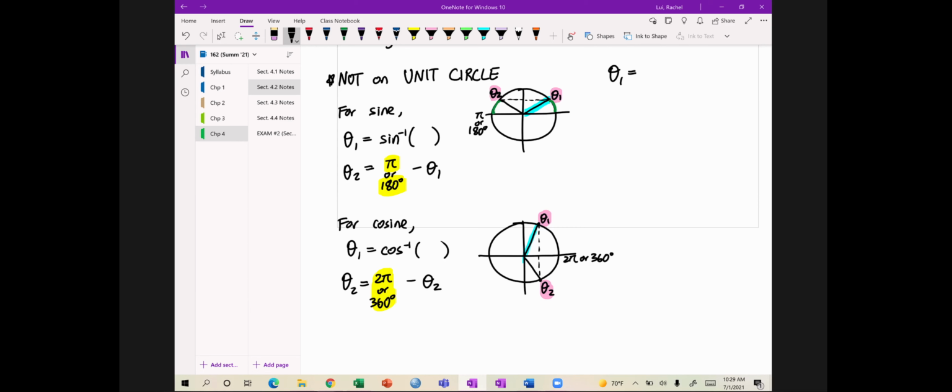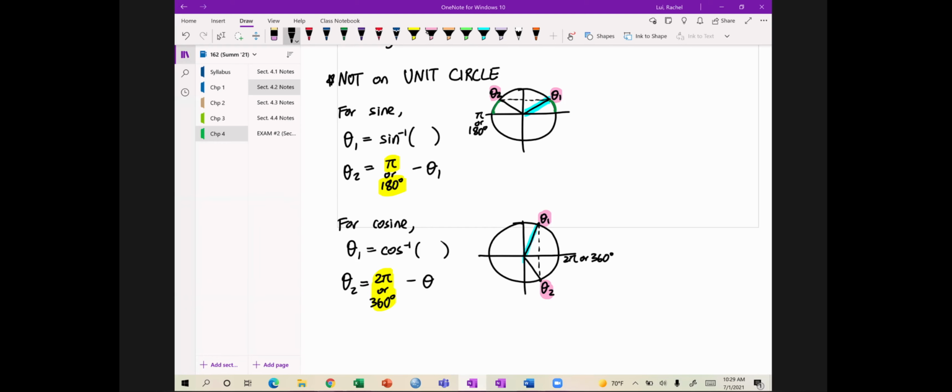We'll take a look at that when we move forward, but this formula applies no matter whether your answer is positive or negative. To get the second solution, when working with sine, you always do pi or 180 degrees minus first. To get the second solution when working with cosine, we always take 2 pi or 360 degrees minus the first. So this should say first.